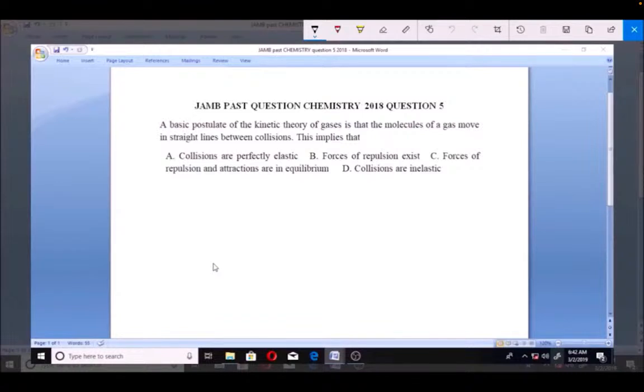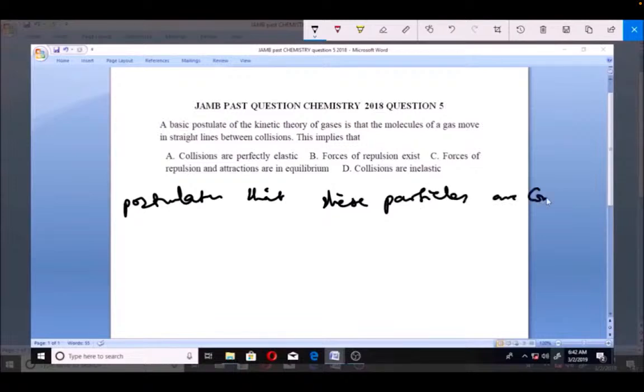Now, for us to understand this and be able to answer about the kinetic theory of gases or matter, the kinetic theory actually postulates that the particles of the gases are continually moving. If you check the textbook, you're going to find this out.